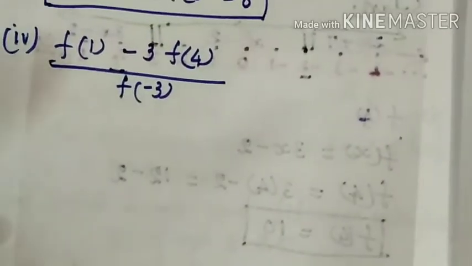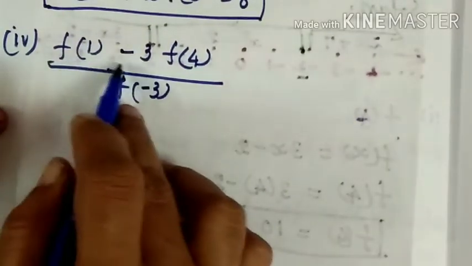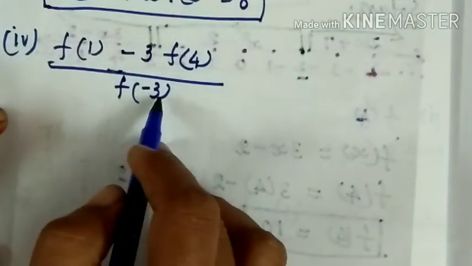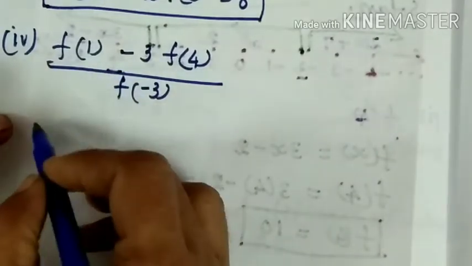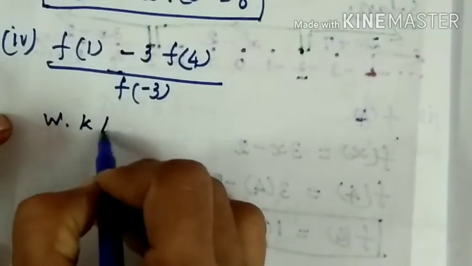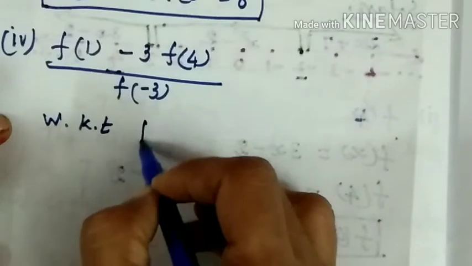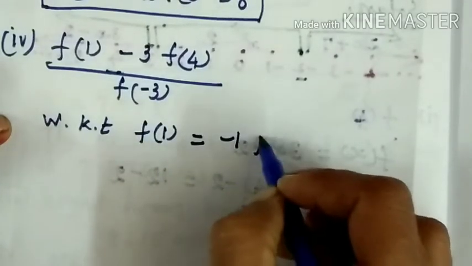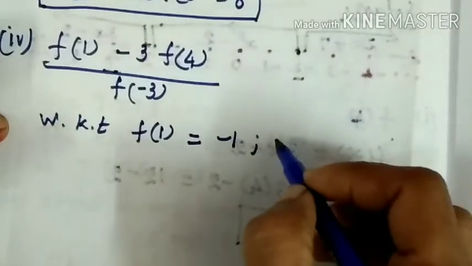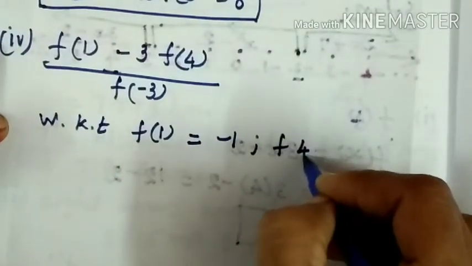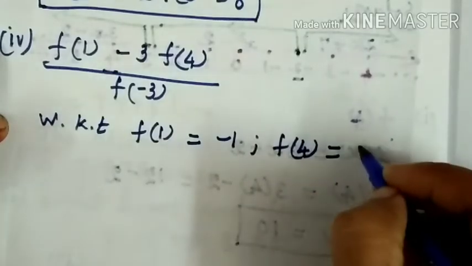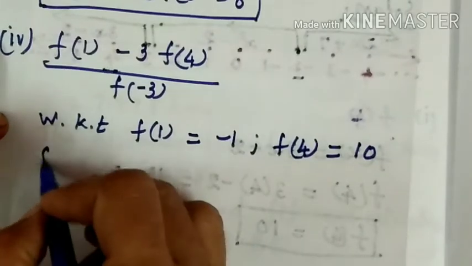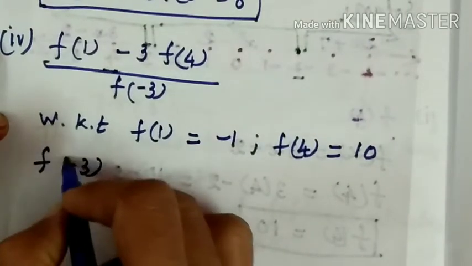Now we move on to the last subdivision, f of 1 minus 3 into f of 4 by f of minus 3. Here we already know that the value of f of 1 equal to minus 1 from the third subdivision. Next, the value of f of 4 is equal to 10 from the first subdivision. Here we have to find the value of f of minus 3.